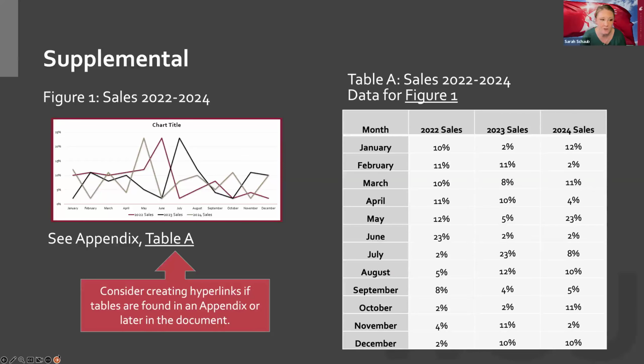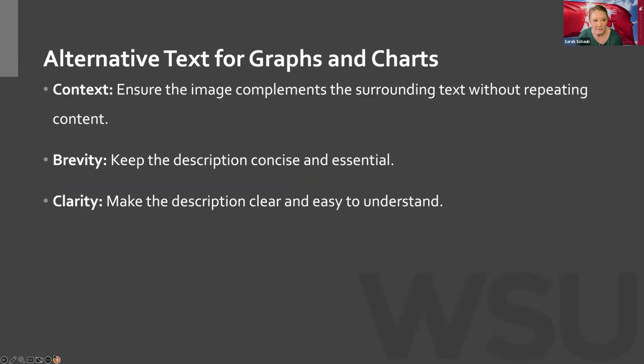For example, underneath the chart, you could provide the text "See Appendix Table A" and hyperlink to Table A if it is in an appendix or it's on a different web page or wherever that content lives. Consider creating hyperlinks if the tables are found somewhere else, and then providing the Table A, sales 2022 to 2024, data for figure 1. So tying it back to that figure within identifying it in the appendix or wherever you're linking it to.